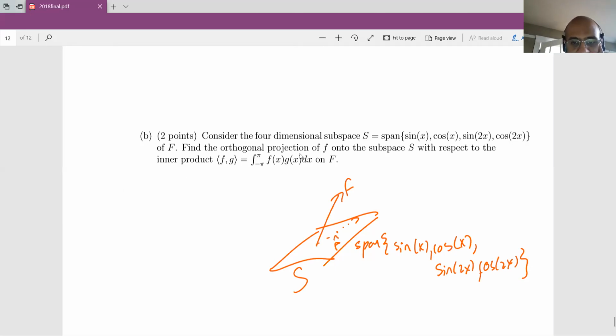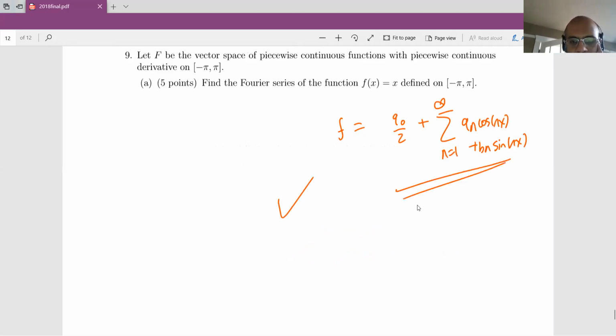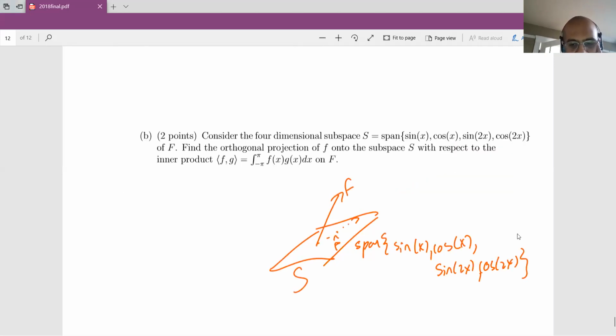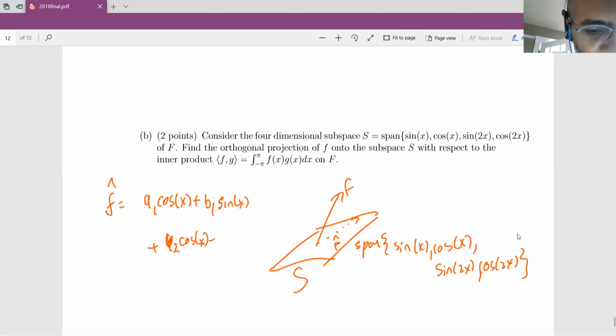So let's say I give you this expansion. How would you project that onto this subspace? So you have to go back to chapter 6. What's the formula for orthogonal projection given an orthogonal basis? Would it just be those coefficients that you get? Yeah, just those coefficients. You'll have to check that, but it is literally A1 cosine x plus B1 sine x plus A2 cosine 2x plus B2 sine 2x.